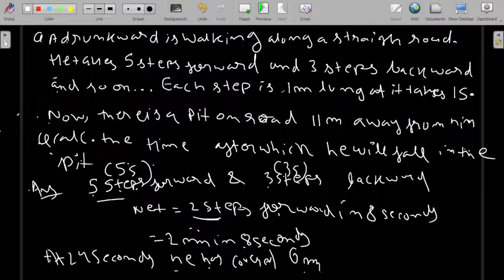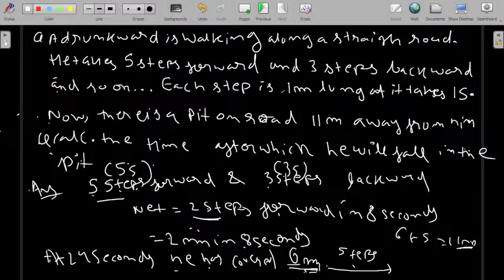Now he will walk what? 5 steps forward. He is standing at 6 meters. If he'll take 5 steps forward, each step of 1 meter, total he'll walk 5 meters. So 6 plus 5 is your 11 meters. That's what he'll fall in the pit.